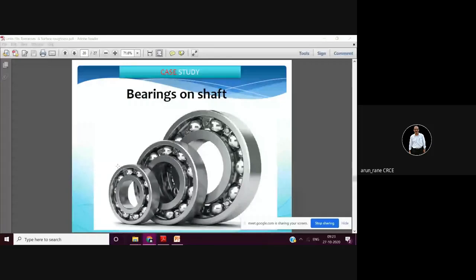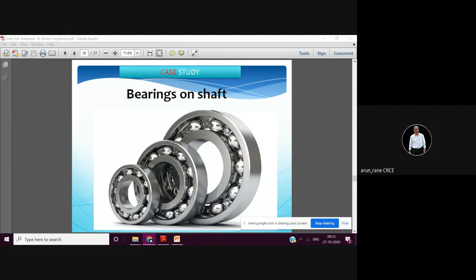But with ball bearings generally we get a huge number of hours, 1 lakh hours or 1 million rotations of the shaft, and so we get reasonably 6 months or 1 year life, which is sufficient. So this is how your bearings are fitted.